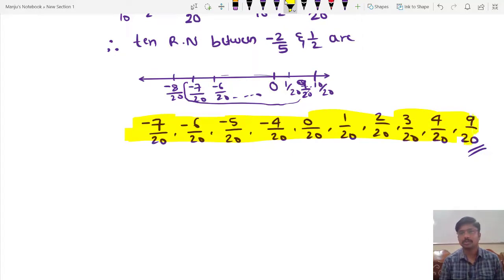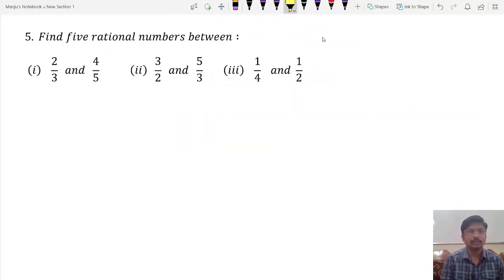Understood? Dear students, now we'll move to the fifth one, that is, find 5 rational numbers between: first, 2 by 3 and 4 by 5; second, 3 by 2 and 5 by 3; third, 1 by 4 and 1 by 2.